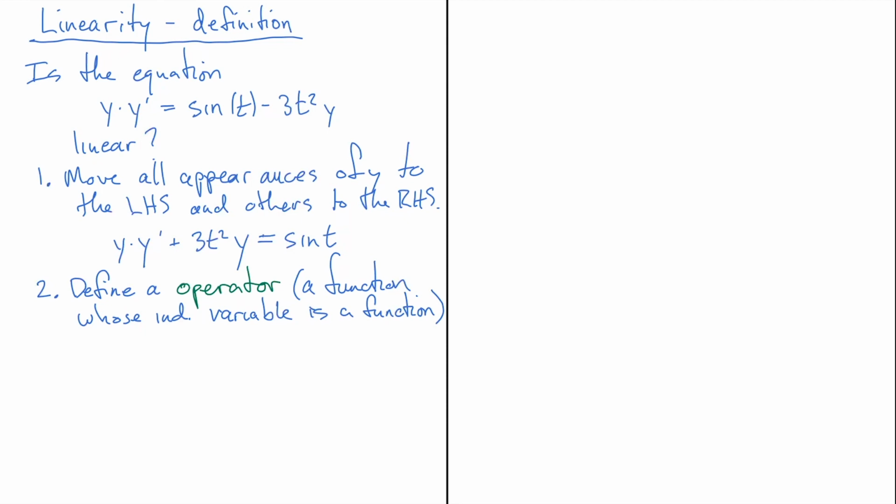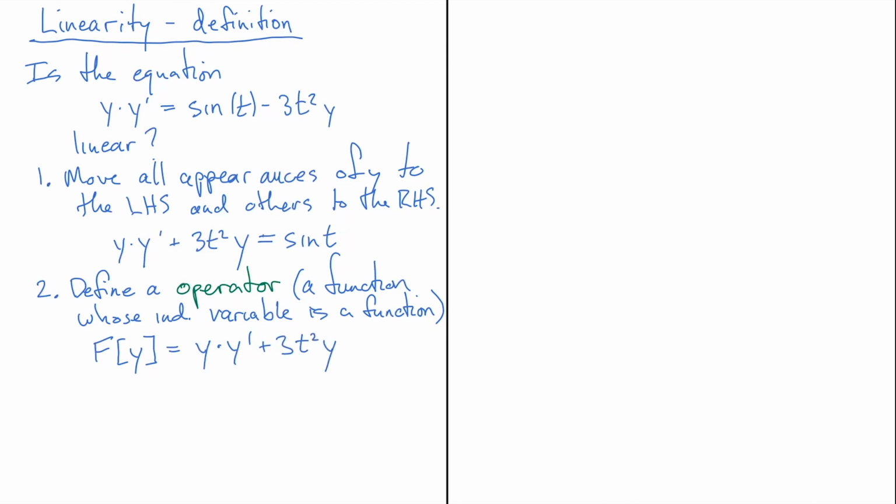So I'm going to give it the name capital F, and I'm going to use square brackets to remind you that this is a thing that takes in a function and spits out a function. And I'm going to define that operator to be the left-hand side of the equation that I put up in the first step. So that is y times y prime plus 3t squared times y.